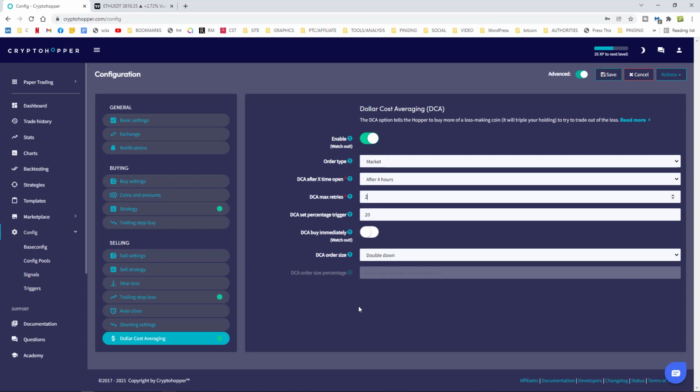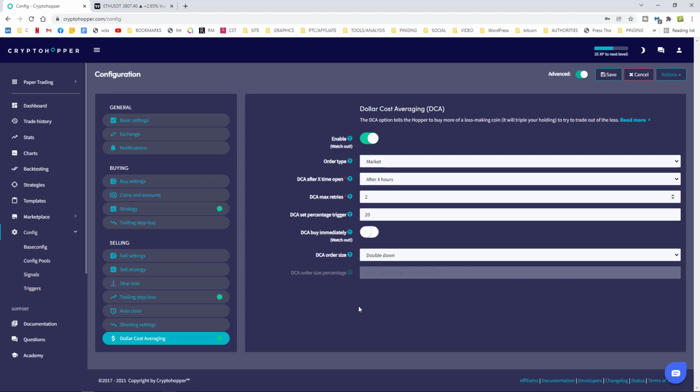Well, 10% would be $20, 20% would be $40. So now your $200-ish is worth only $160-ish, and it's at minus 20%. So the second DCA kicks in, and it will double that $160-ish.